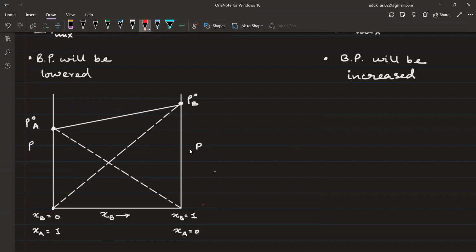What is happening to the vapor pressure? Vapor pressure is increasing in positive deviation. So for this graph it will be like this.